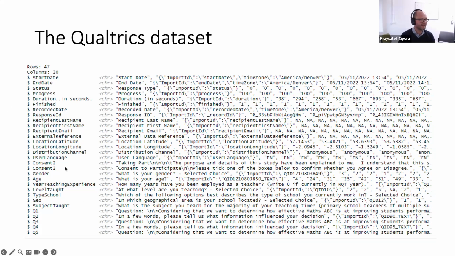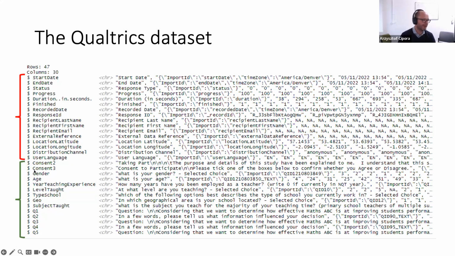It's a sample study that a colleague of mine shared at some point when we prepared a previous version of this workshop. So these are columns described already in R. Some of them are not very useful, some are Qualtrics-specific things that it provides.